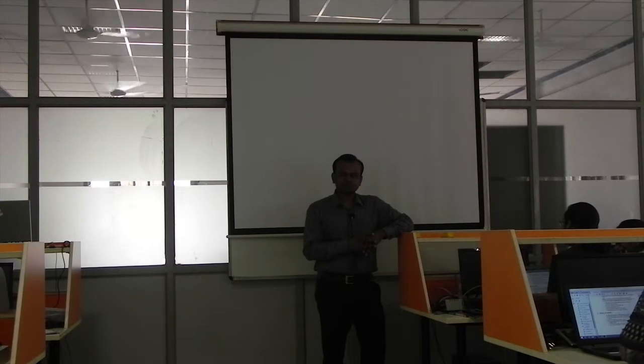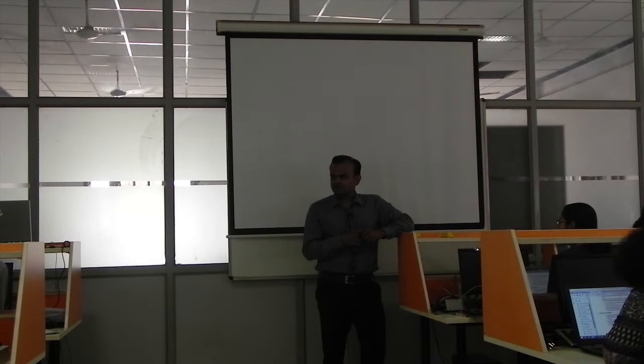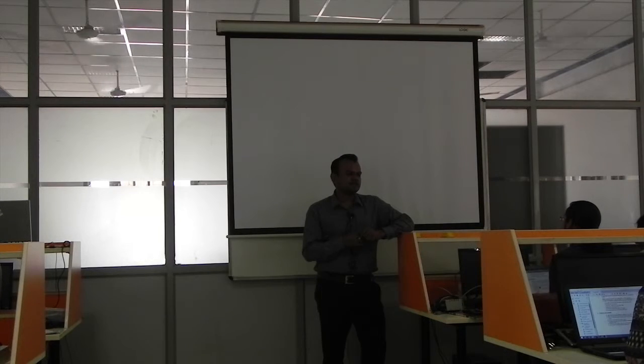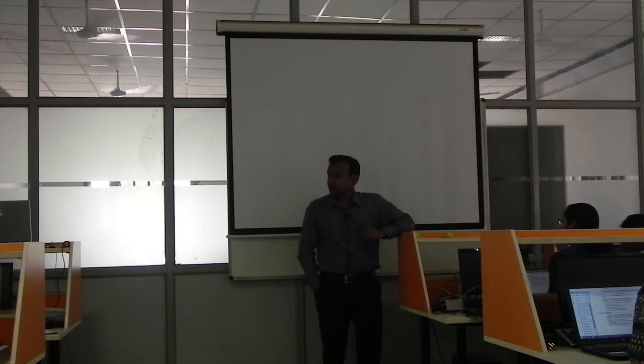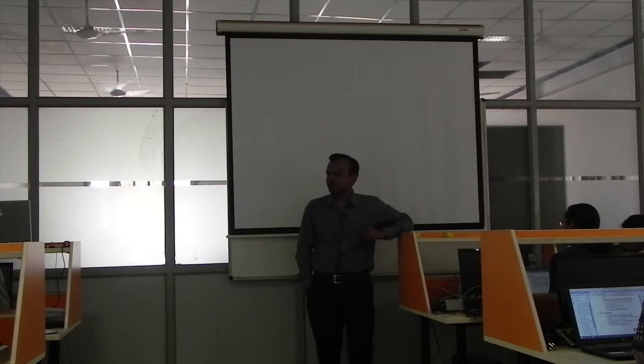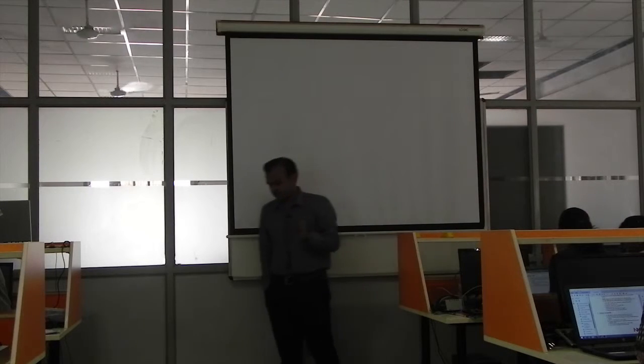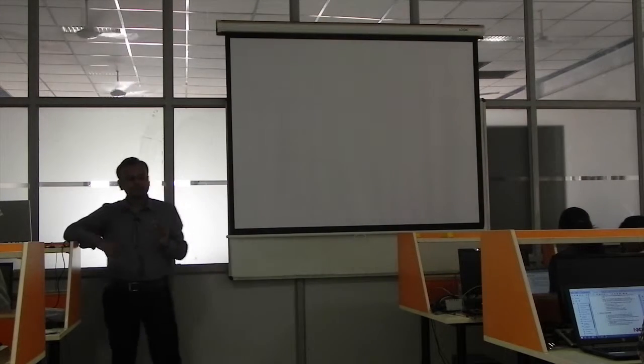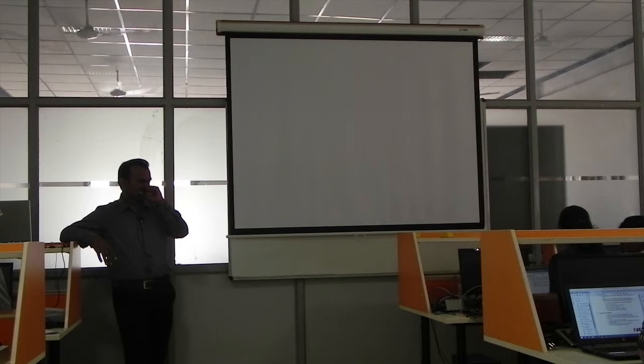The 89C51. What was the RAM and flash of that? Flash was 4 KB and RAM was 256 bytes. Okay, so this processor has 32 KB of flash memory and 8 KB of RAM.